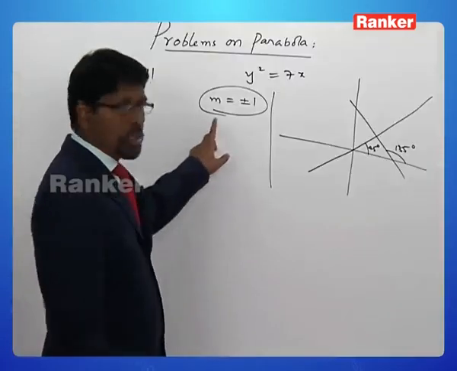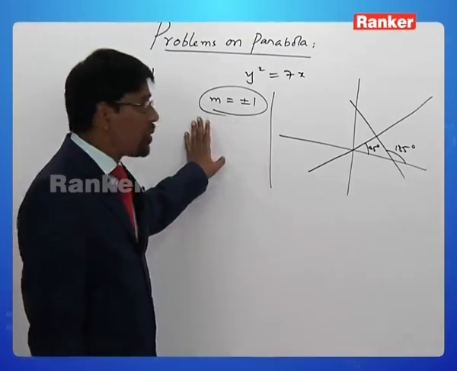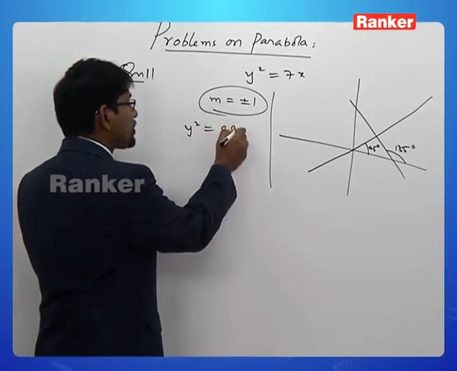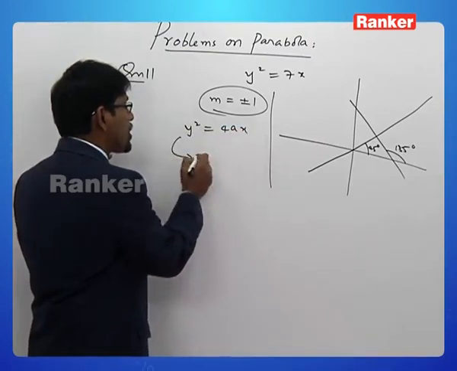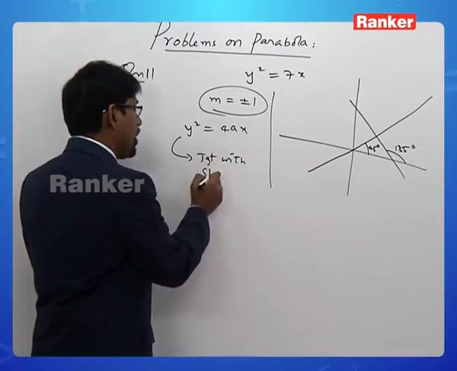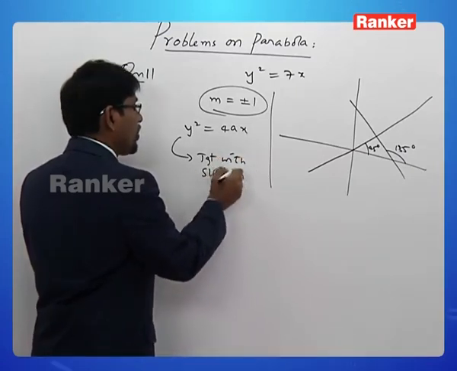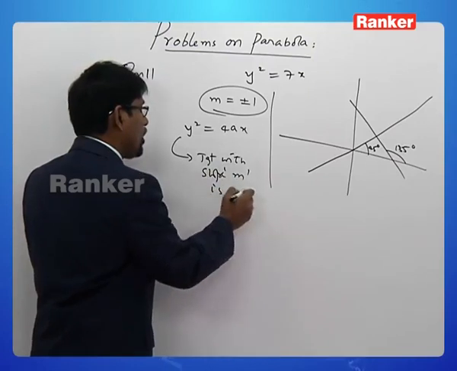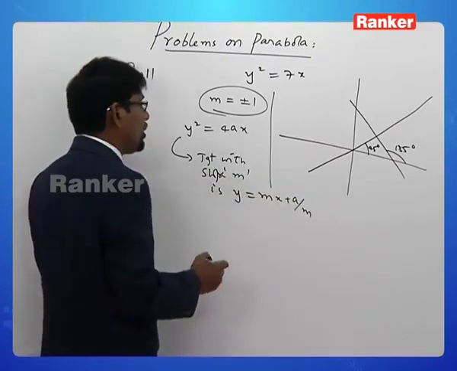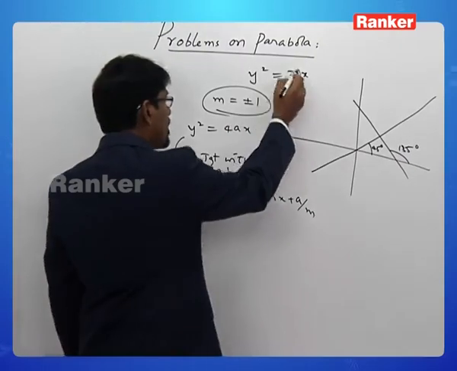It has to be with the slope m equal to 1 or -1, and we know that for y^2 = 4ax, a tangent with slope m is y = mx + a/m. Here 4a = 7.